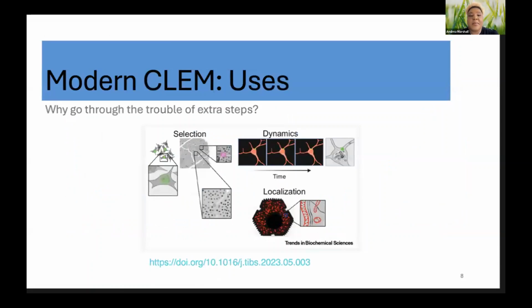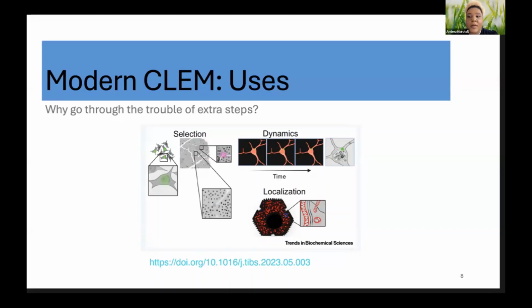So modern CLEM, what are some good uses, and why go through the trouble of extra steps of using multiple imaging modalities? The first is the ability to select. With a lot of genetic techniques, you have only a subpopulation of cells that contain your modification, or there are only certain cells or responses in certain cells that you're interested in.